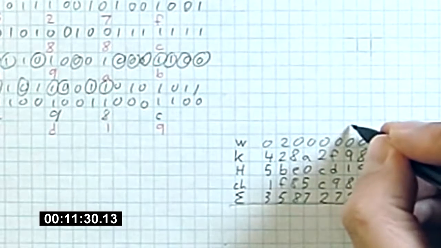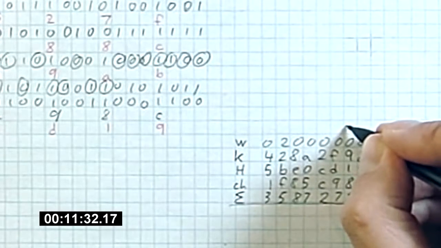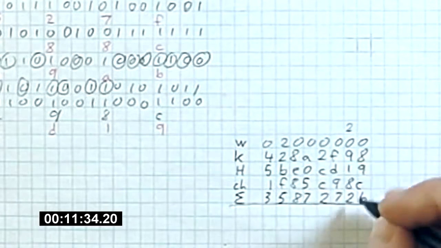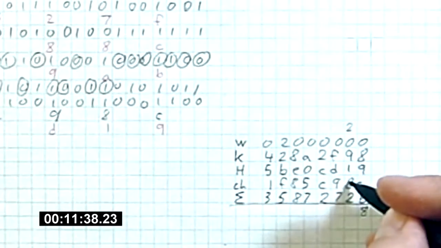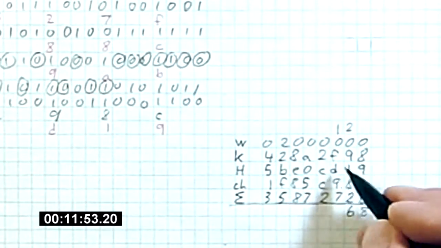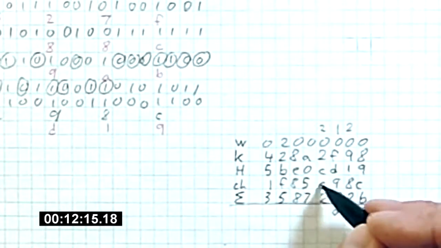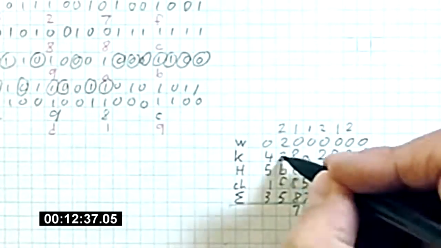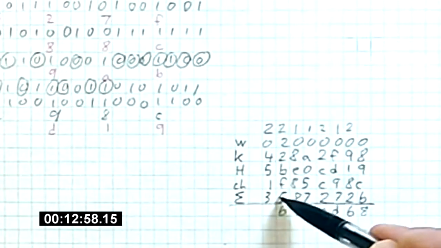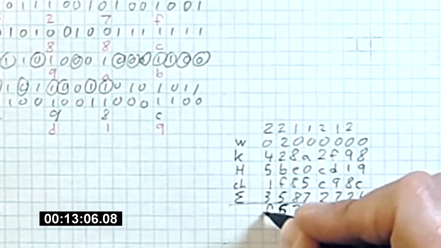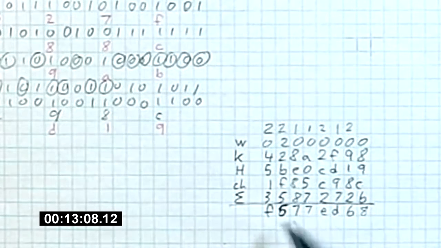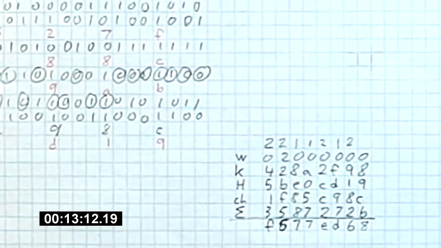So that's 32 plus 8, so 16 plus, carry the 2, 16 plus 16, and 8. 2 and 9 is 11, 12 and 8 is 20, 22. That's 16 plus 6, so we carry the 16. 1 and 15 is 16. Plus 5 is 11, 12 and 3 is 15. So our result is F577ED68 is our first sum.